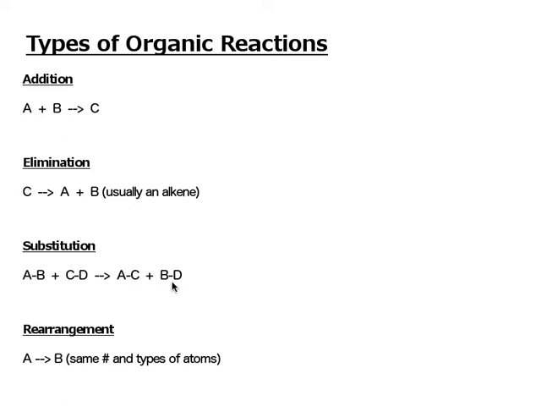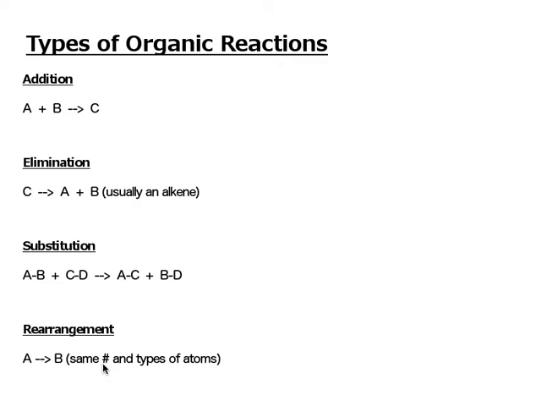Okay. The final type of reaction we're going to talk about is a rearrangement. These are less common and a little trickier. Usually you have one reactant that turns into a product. That product has the same number and types of atoms because we haven't added or eliminated or substituted anything.